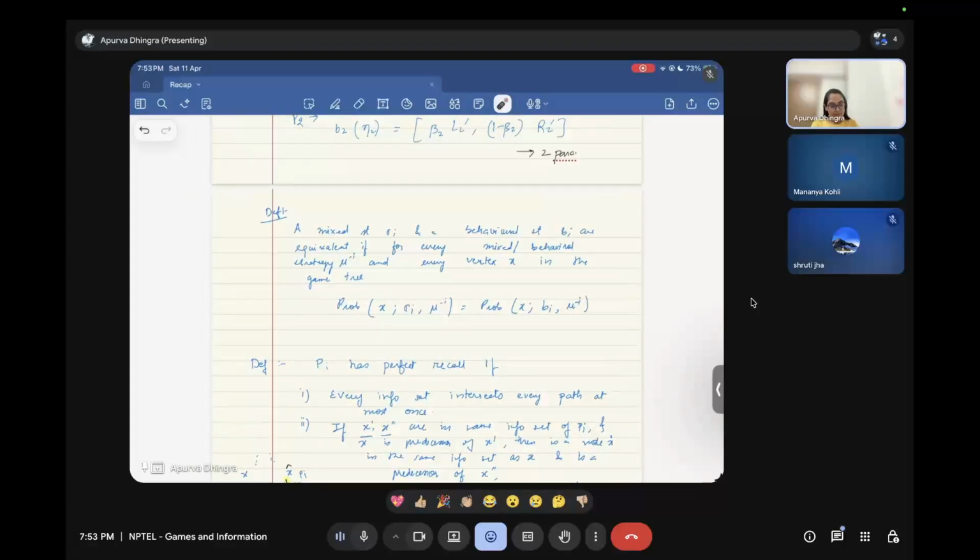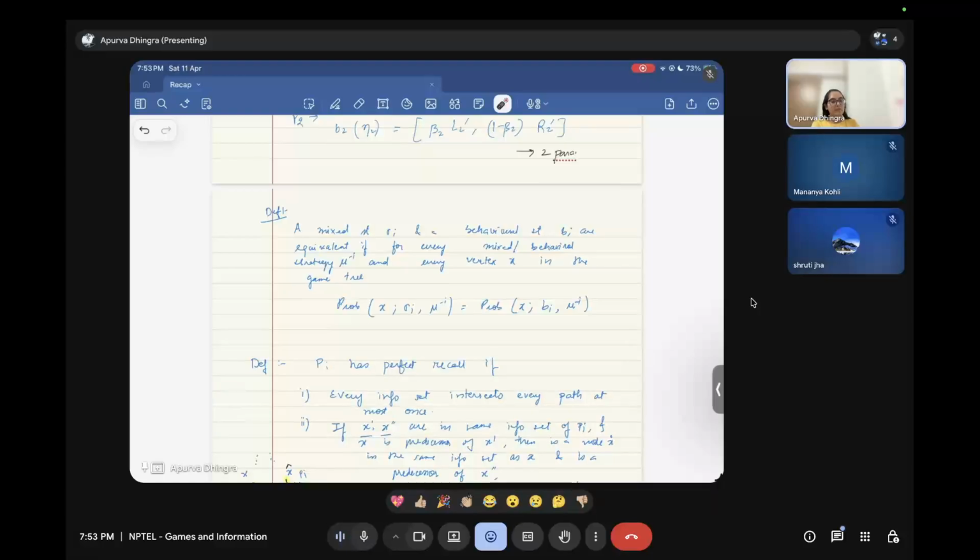At each node or vertex in the graph, if the probability of reaching that node when he plays some mixed strategy is equal to the probability of reaching that same node when he plays some behavioral strategy, given the others play whatever they want, then we say that there is an equivalence.